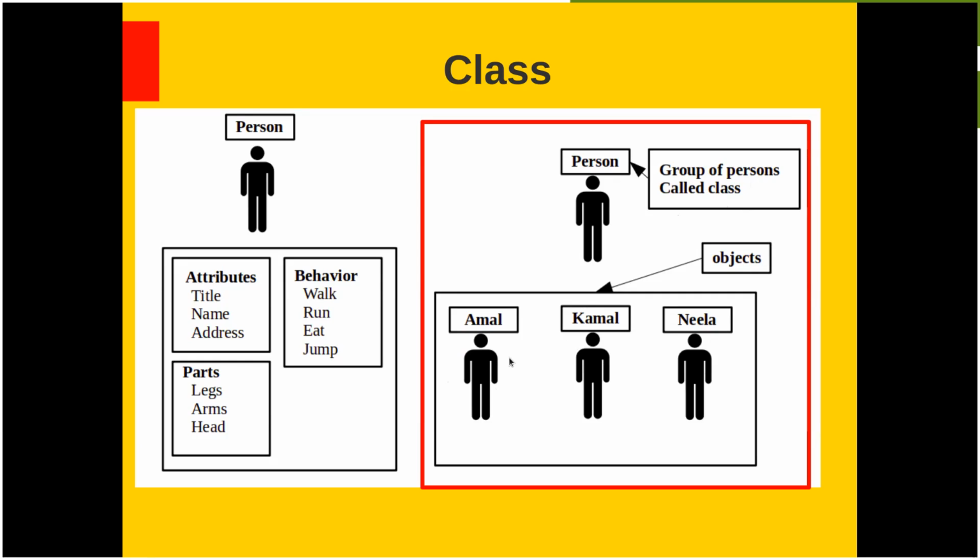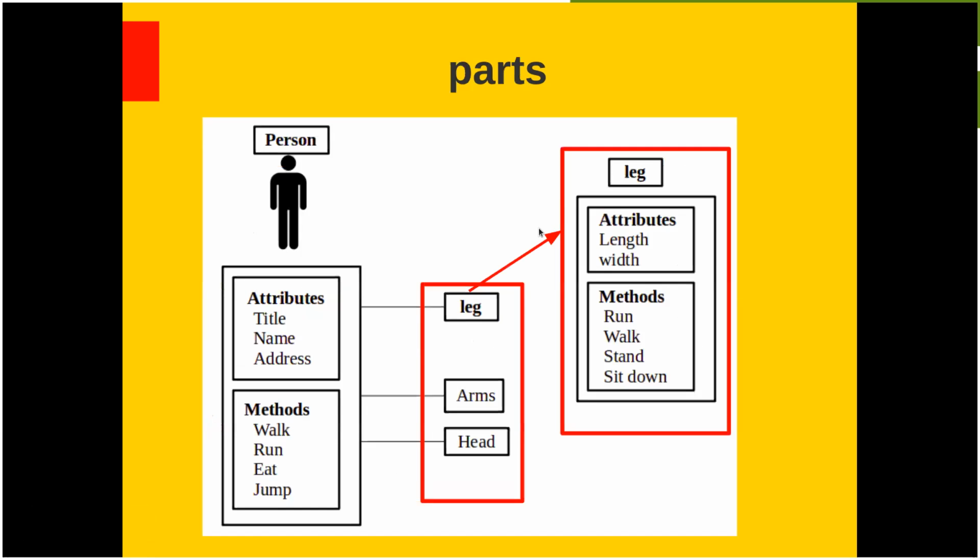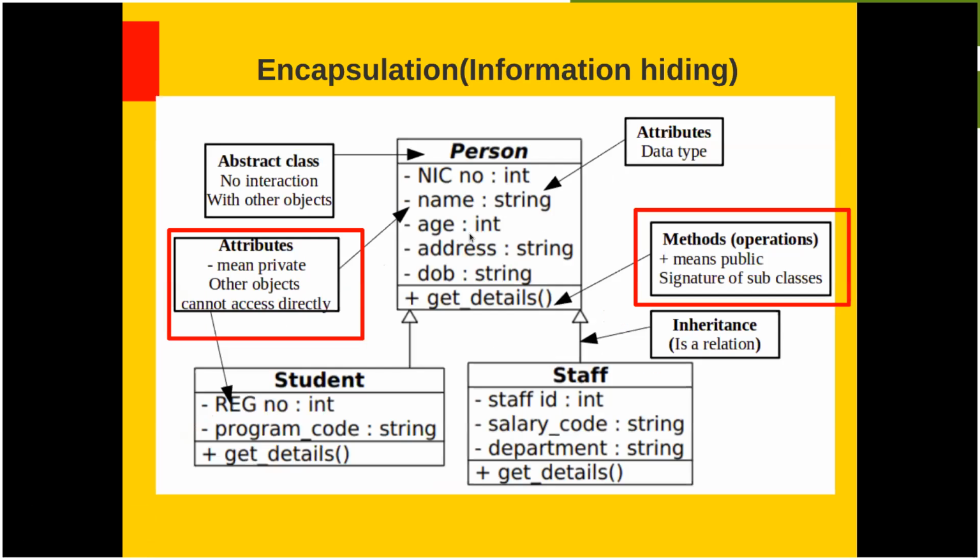Now, Mazda, like those things, there are several types of cars, and those cars belong to the car class. And this person has attributes, behavior, and parts. Then parts also become other objects.